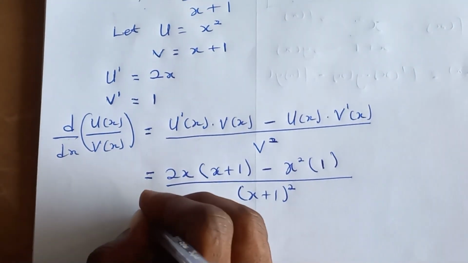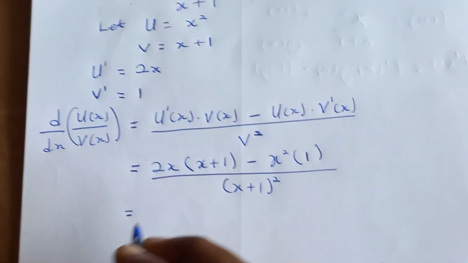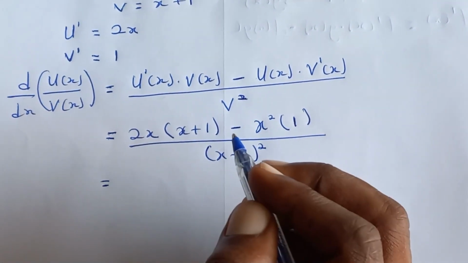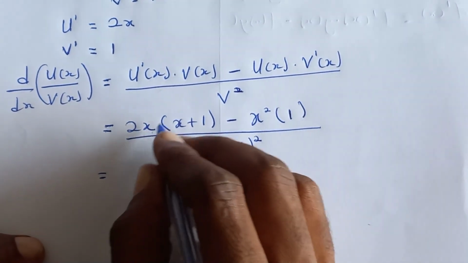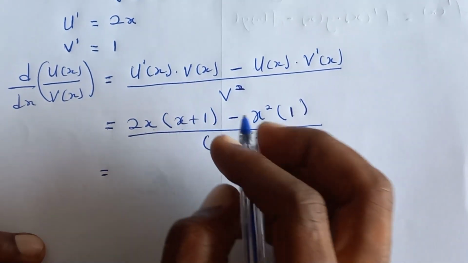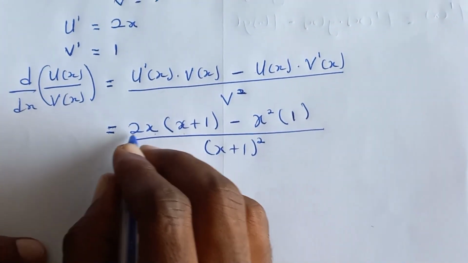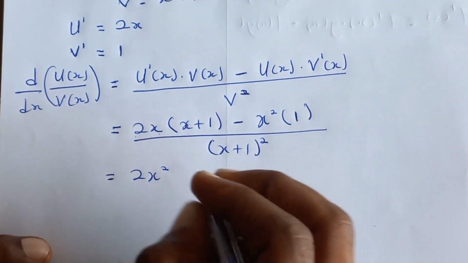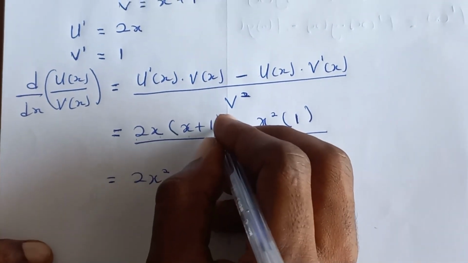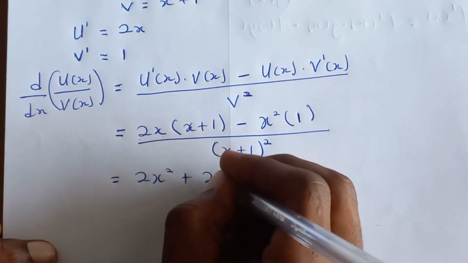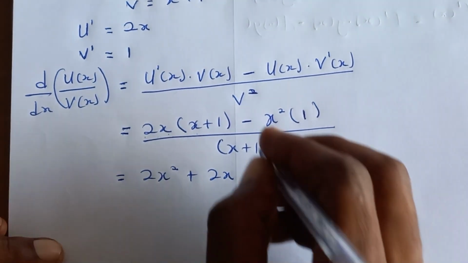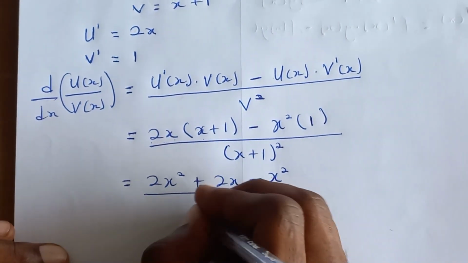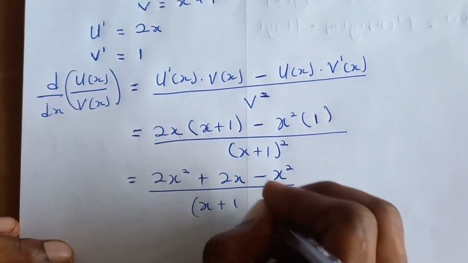For further simplification, we get 2x bracket x plus 1. So 2x times x, we get 2x squared. 2x times 1, so we get 2x. Minus our x squared all over x plus 1 squared.